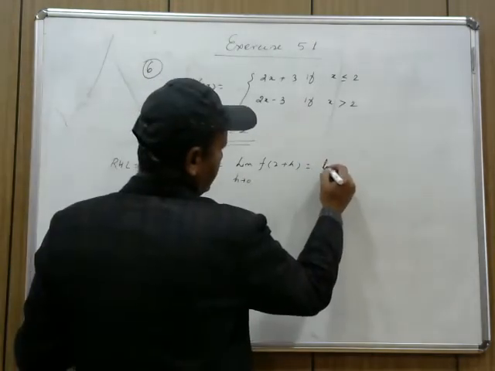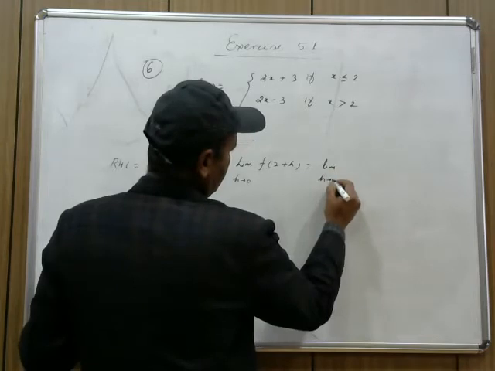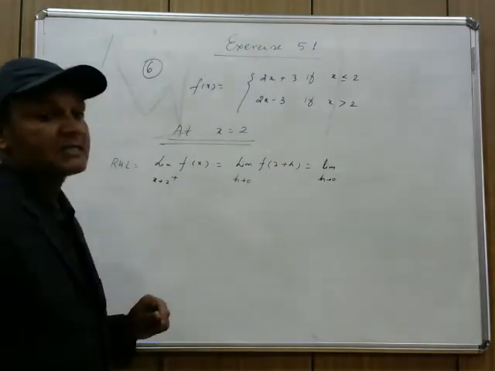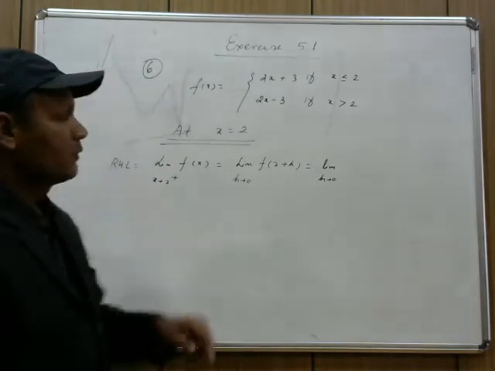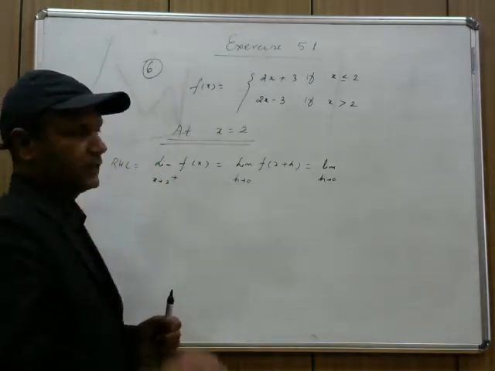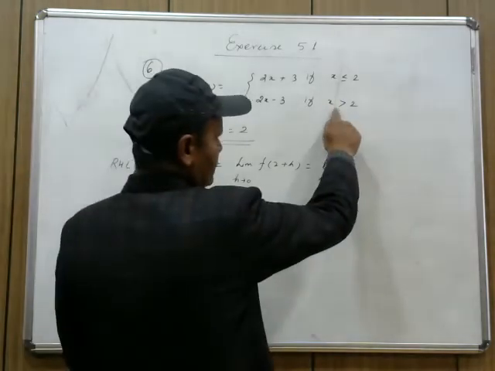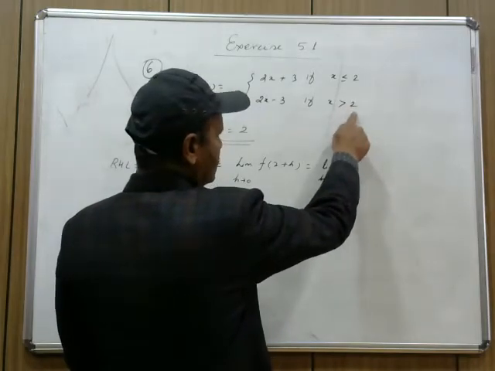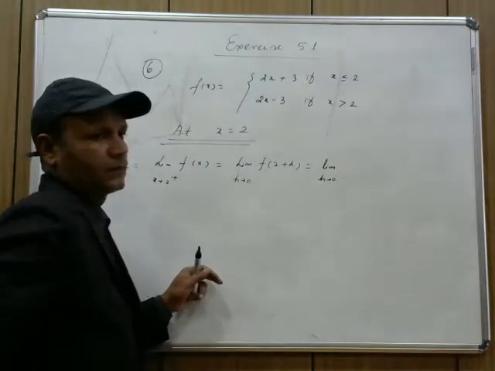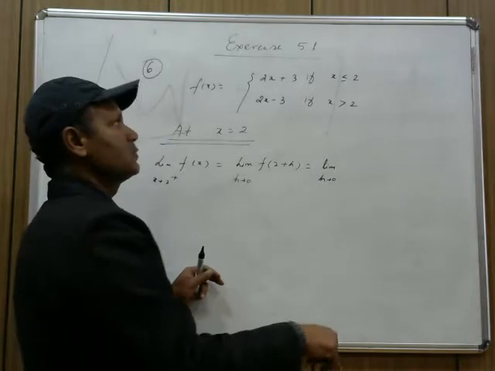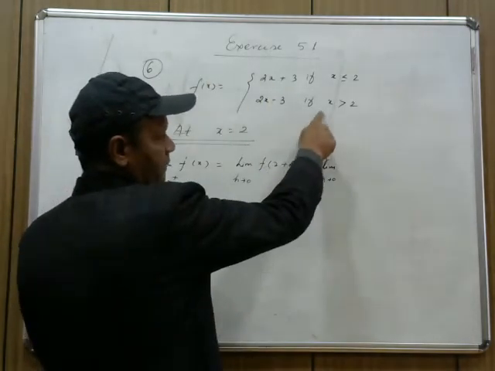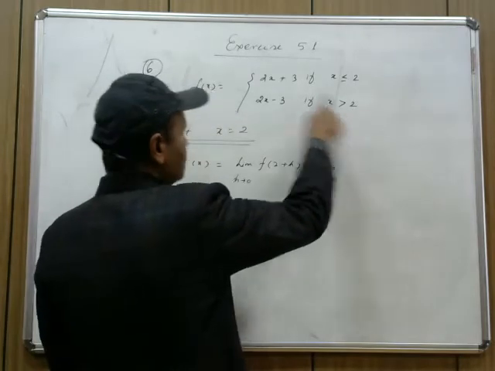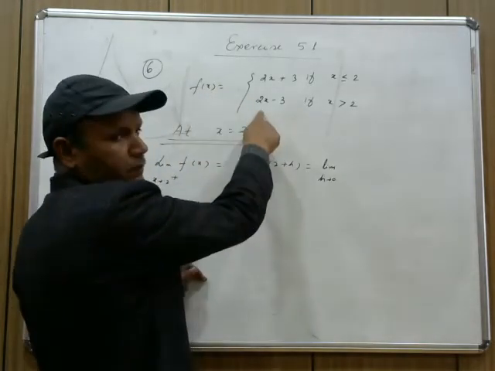Now when we have f of 2 plus h, just more than 2, just more than 2. Now here we have two functions, we have to be smart enough. x more than 2, x is greater than 2, then I have to use this function. And when x is less than 2 or equal to 2, then I will use this function. Here it is already given that when x is greater than 2, then the function takes the value 2x minus 3.